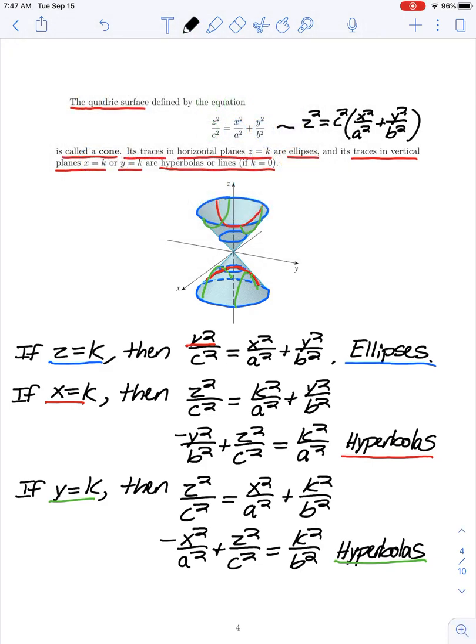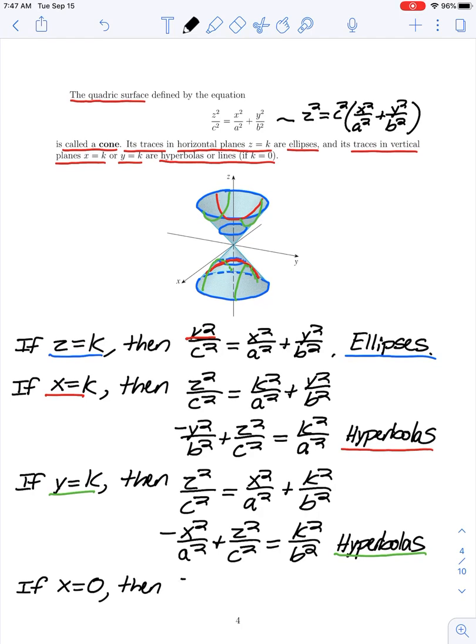In this particular case, let's say we were to take x equal to 0, if we're looking at the yz plane, then our equation would be of the form z squared over c squared is equal to y squared over b squared.